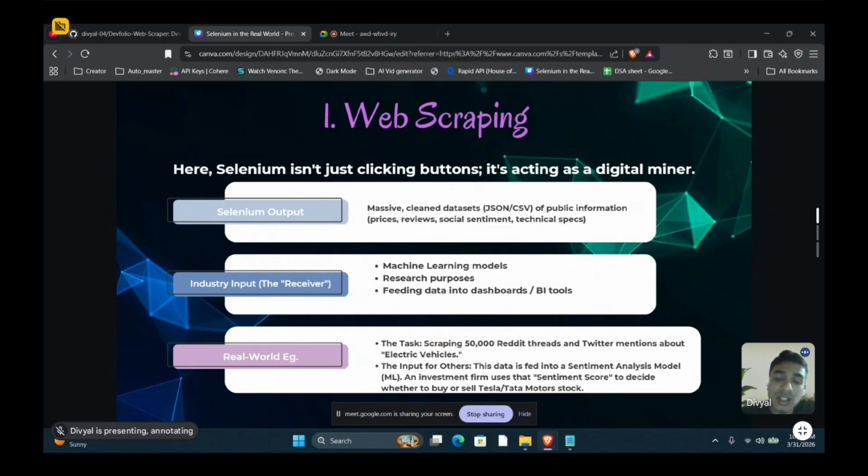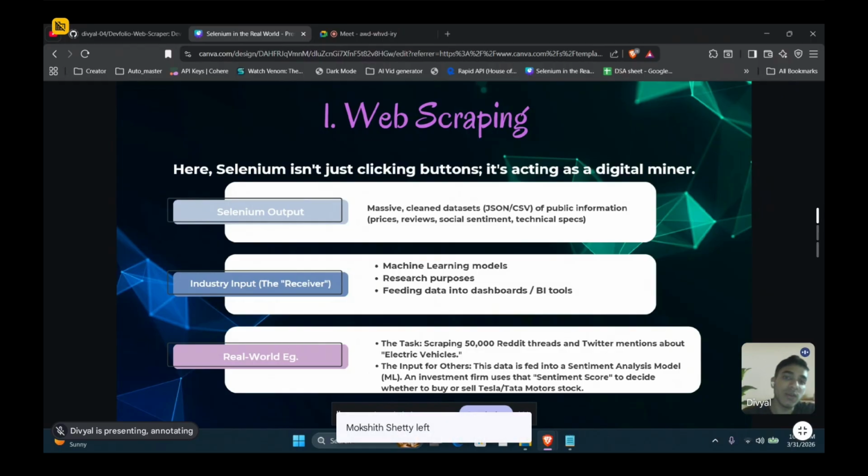We can use it for research purposes, for training some machine learning models, or for analysis purposes. An example is if we scrape 50,000 Reddit posts from some community, and there are comments mentioned about them. Because comments have multiple sentiments, we can use that data to build a sentiment analysis model, right? So this was one of the examples of it.